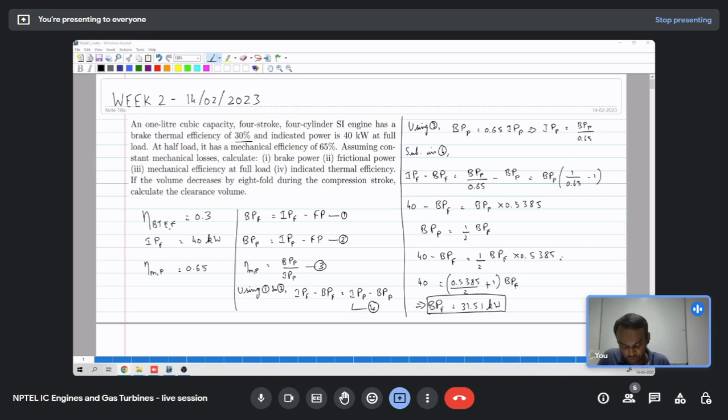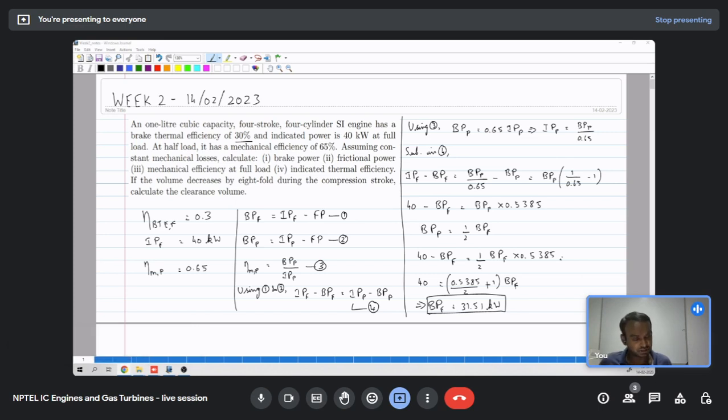In equation 2, we have written the brake power and indicated power relation for part load, and in equation 3 we have mechanical efficiency at part load given by brake power at part load by indicated power at part load.